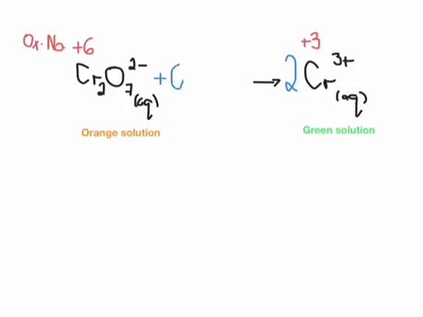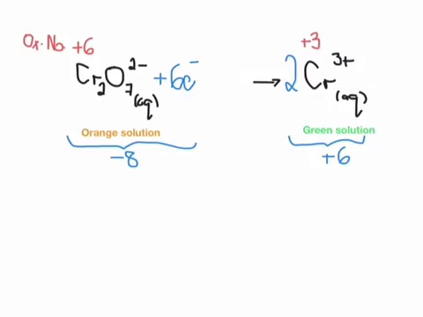Next thing you do is you look at the charge on both sides. So there is a charge of -8 on the left and a charge of +6 on the right. The charge needs to be the same on both sides, so to make the charge the same you can either throw in H+ or OH- ions. Since this reaction is carried out under acid conditions, it's H+ ions that you put in.